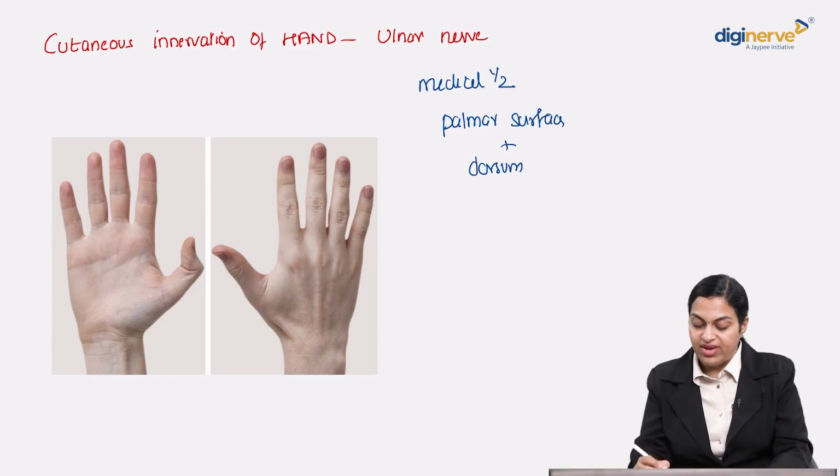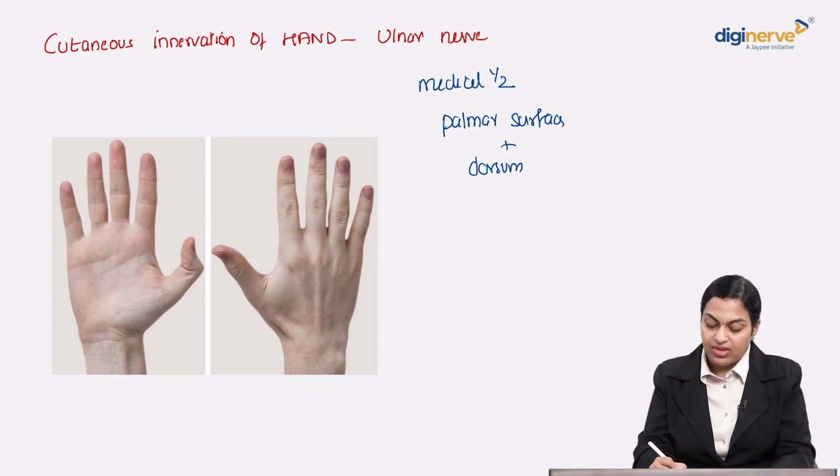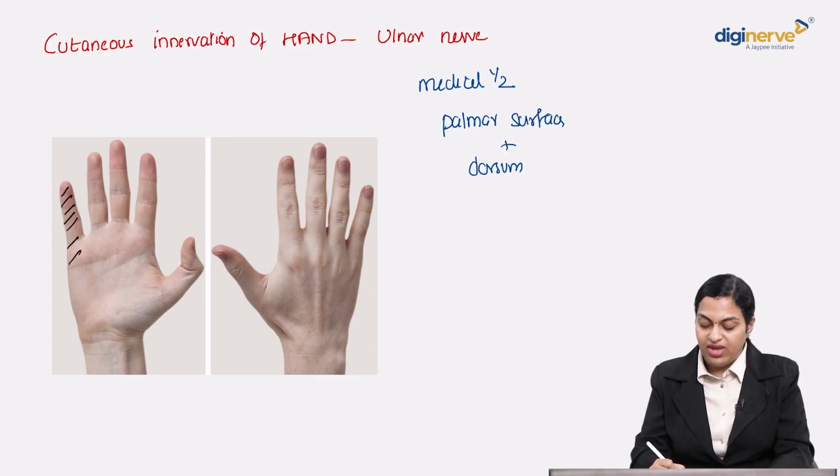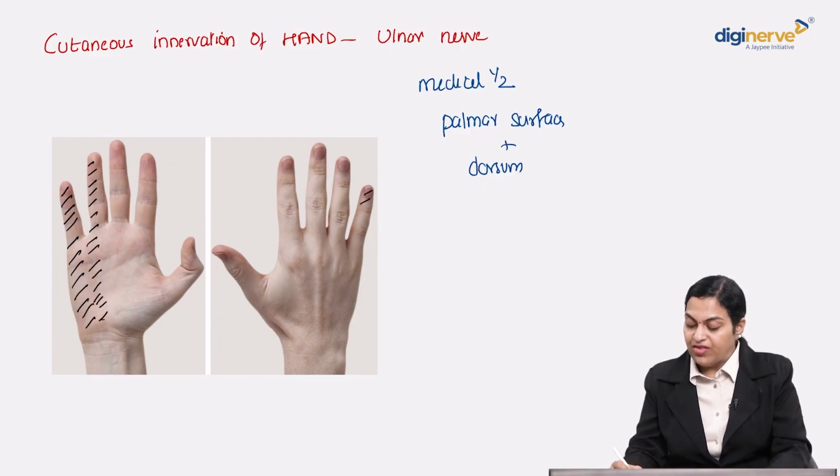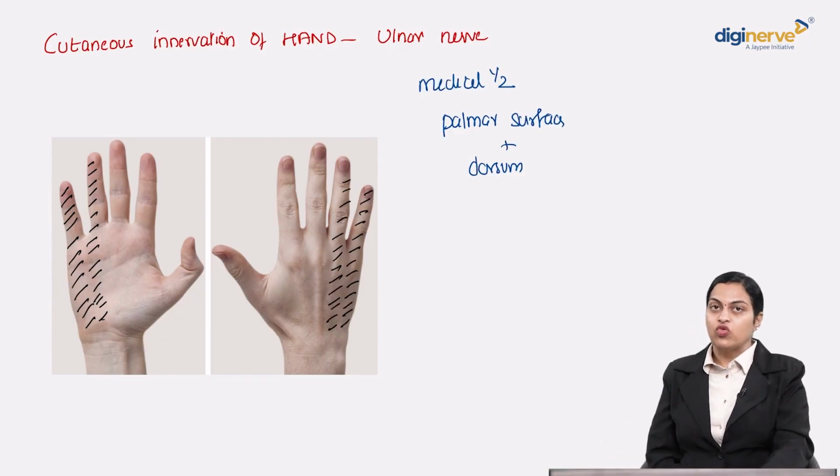So this area involving the little finger and the medial half of the ring finger on the palm as well as over the dorsum of the hand is innervated by the cutaneous branch, the superficial branch of the ulnar nerve, right?